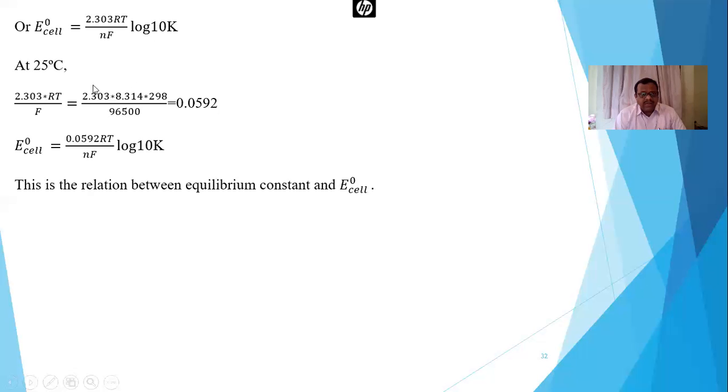When we calculate these substituted values, the answer comes to be 0.592. So E standard cell, the standard cell potential, is equal to 0.592 upon N into log with the base 10 K. This is the relation between the equilibrium constant and the standard cell potential.